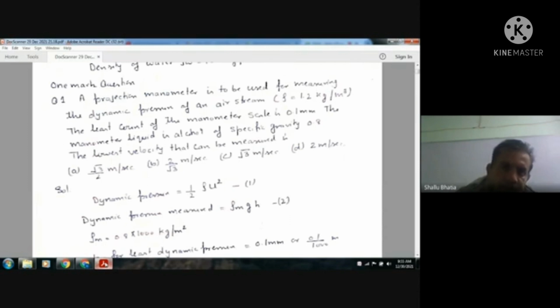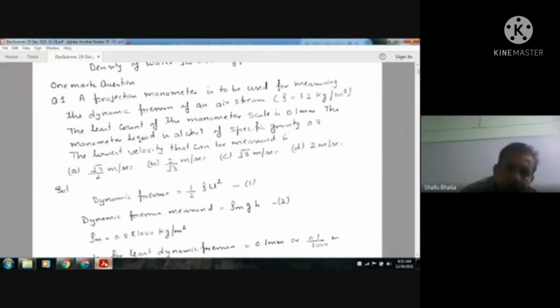The manometer fluid is alcohol of specific gravity 0.8. The lowest velocity that can be measured is: option A, root 3 by 2 meter per second; B, 2 by root 3 meter per second; C, root 3 meter per second; D, 2 meter per second.